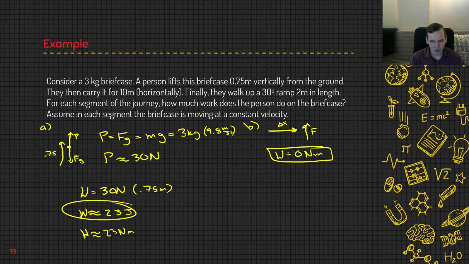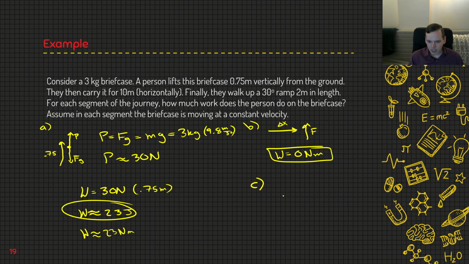This is why if you push a box, you feel the effort that's required, because you're overcoming friction. But if you're carrying something horizontally, you are technically doing no work on that briefcase. That's not fully true, because you're going to have it swinging back and forth, and a lot of other things involved that make this more complicated. But in our simple example here, there's no work there.